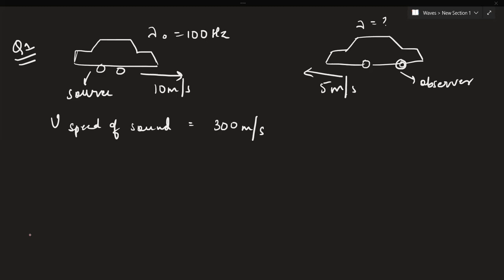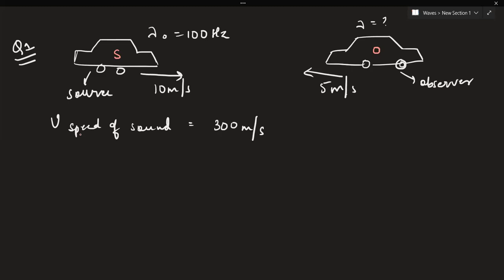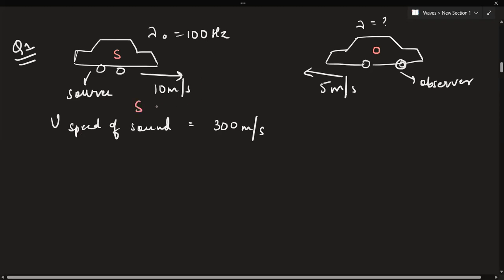Okay, see. So this is the source and this is the observer. Should I take left to right as positive, or right to left? Left to right, because source to observer is taken as positive.